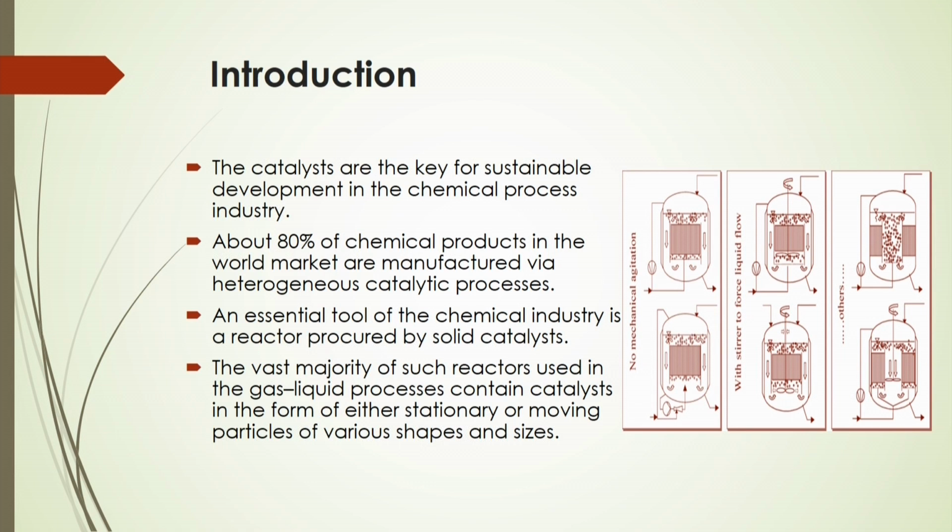About 80% of the chemical products in the world market are manufactured via heterogeneous catalytic processes. So these catalysts are very important, and how the catalyst particles can be used in a particular structure so that we get intensification of the process.